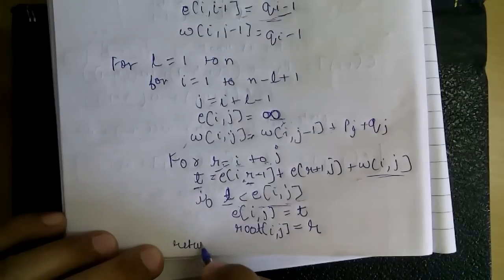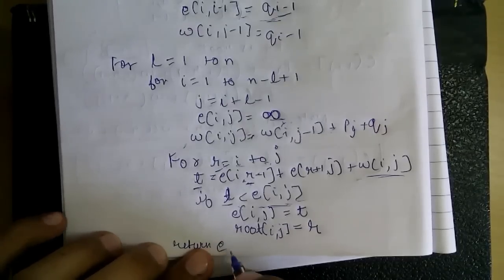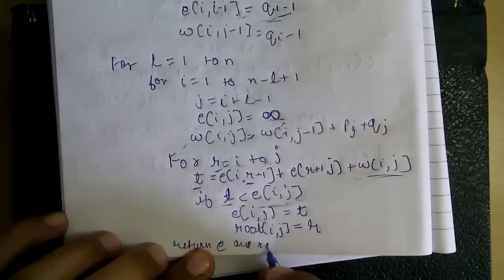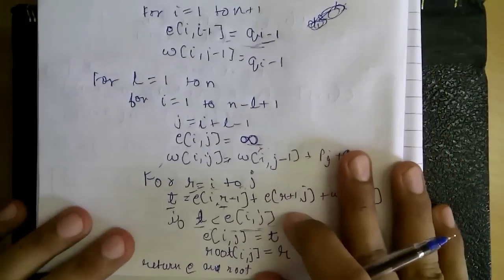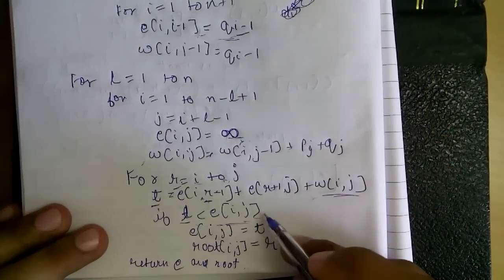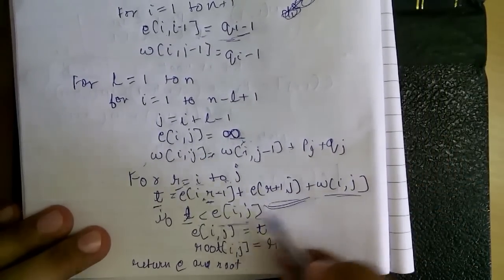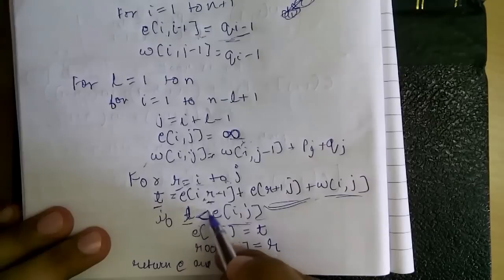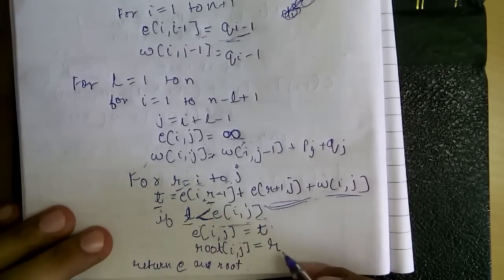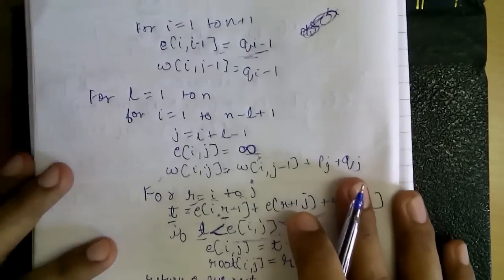So we return in the end both of these, the expected cost and the root. So in this way we minimized our cost. See, we are minimizing it here, and we found the root.